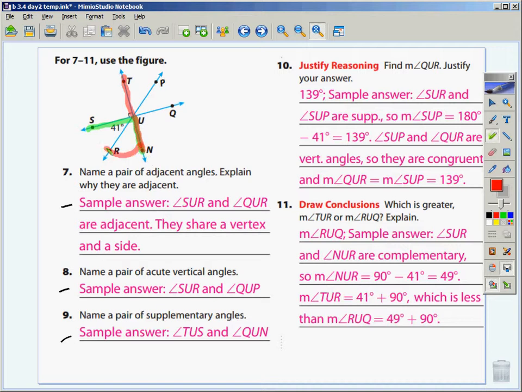It could be going this way, or it could be going this way. So long as you're on the right side of that line, they would be adjacent because they shared the vertex of U and they shared a common side. But if you were on the left side of the line, they would have also shared some of the inside. In other words, they overlap. That would make them non-adjacent. Okay?